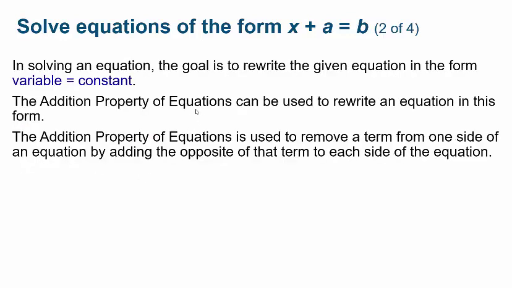When solving an equation, the goal is to rewrite the given equation in the form variable is equal to a constant. So I want to get something like x is equal to a number, and then it's solved. The addition property of equations is used to remove a term from one side of the equation by adding the opposite of the term to each side of the equation.